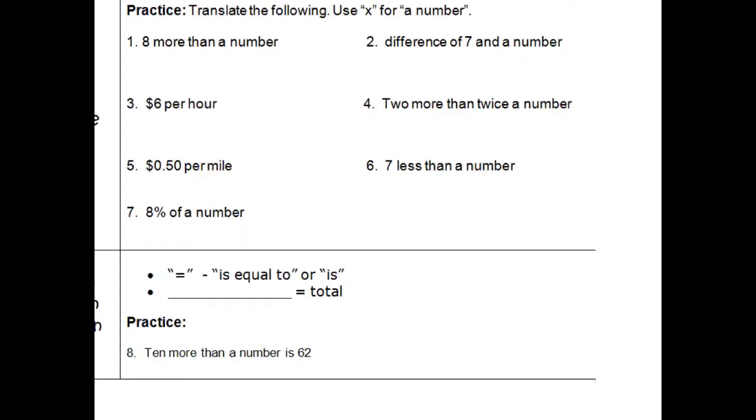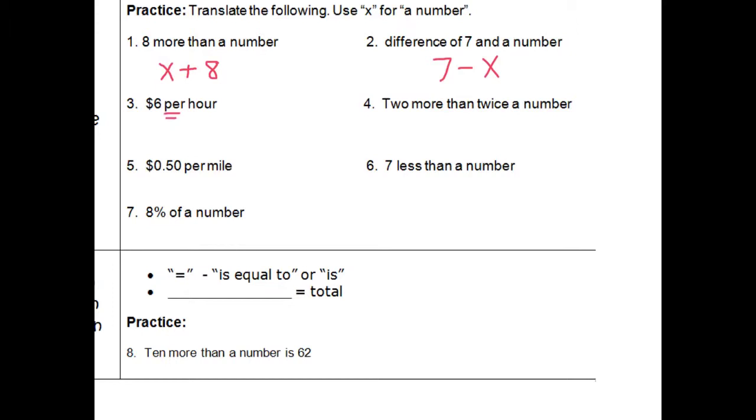Okay, so let's do some practice using x as our number. So we have 8 more than a number. So we have our number, which is x, and we want more than that, which is addition. We want how many more? 8. Now we have the difference, which is subtraction, of 7 and a number. So 7, and we subtract our number.